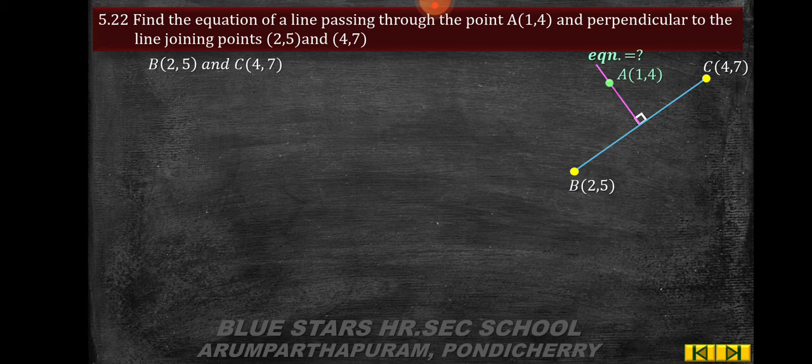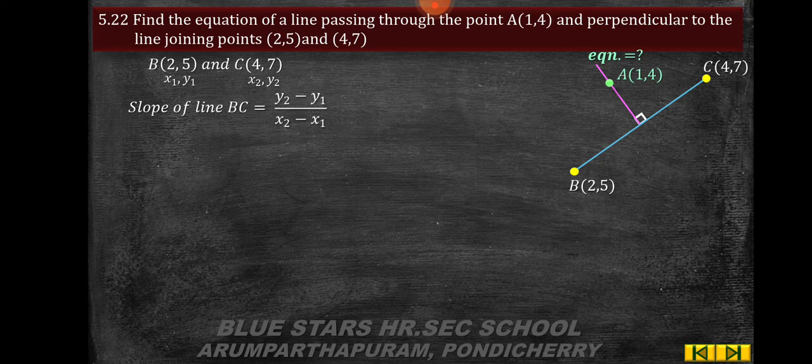So just taking the two points B(2, 5) and C(4, 7), the first coordinate is x1, y1 and the second coordinate is x2, y2. So the slope of the line BC is equal to y2 minus y1 by x2 minus x1. So we know the formula m is equal to y2 minus y1 by x2 minus x1.